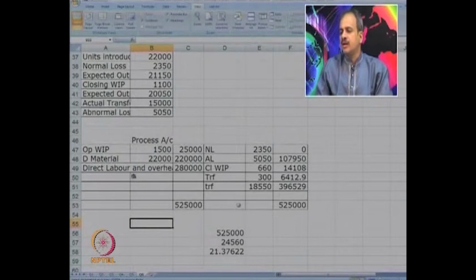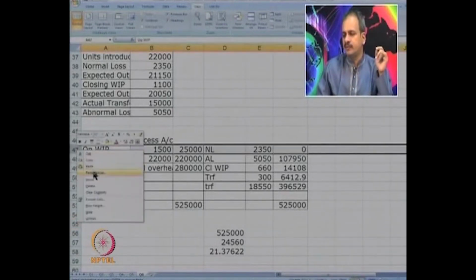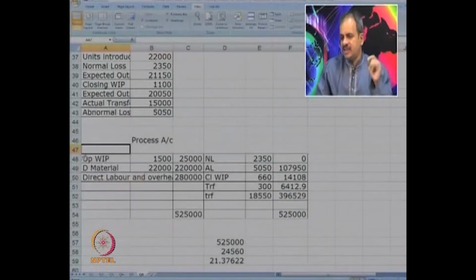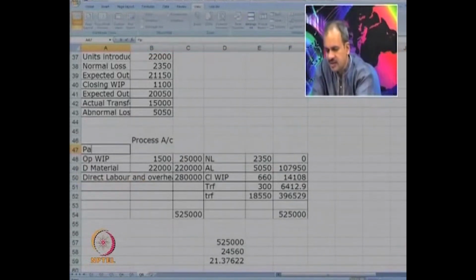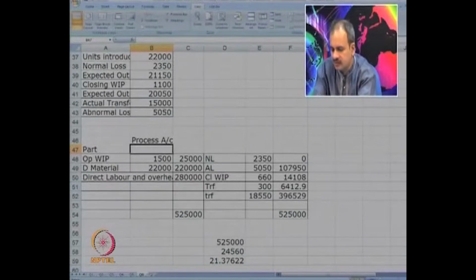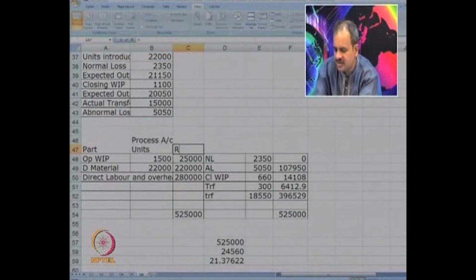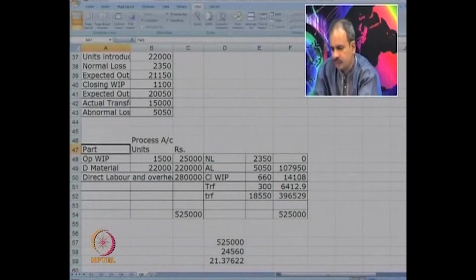Right? Now let us go to credit side. I will add the headings for more clarity. So this is particulars, these are the units, and these are rupees or the amount. Same thing on the other side.